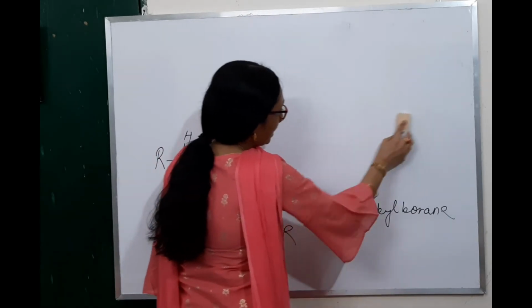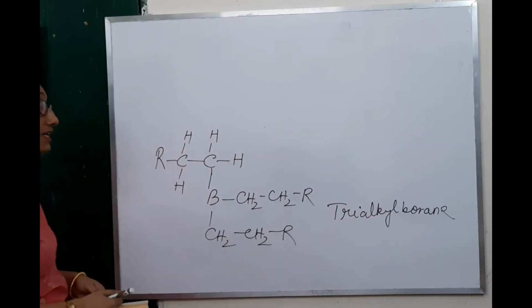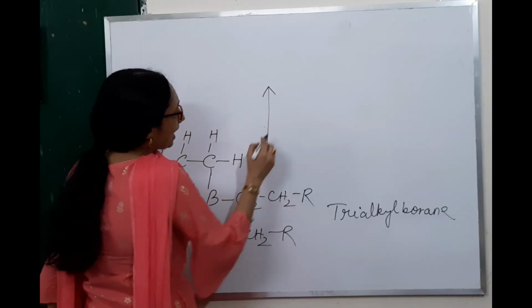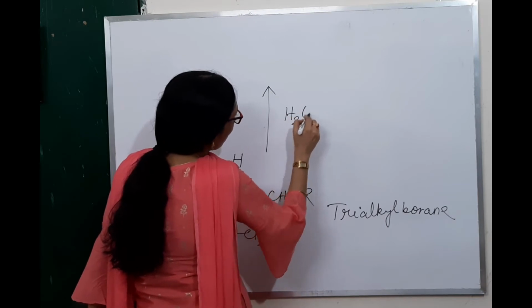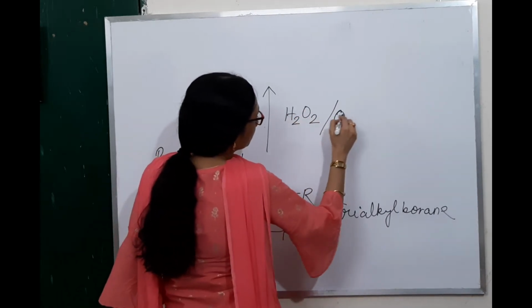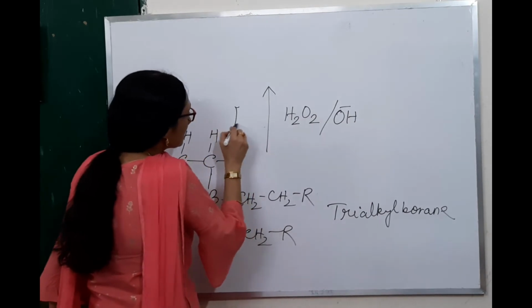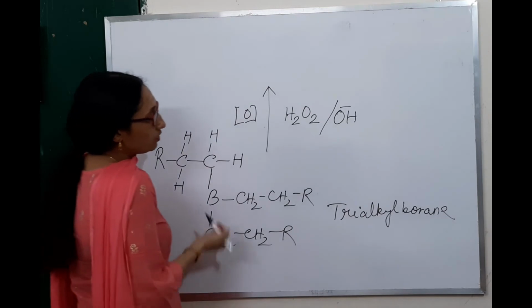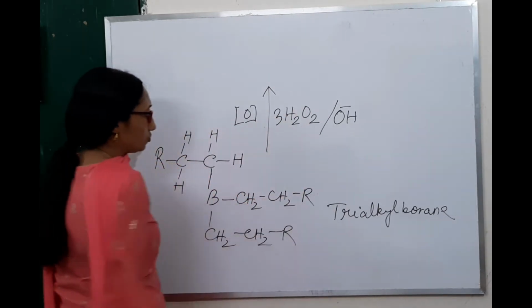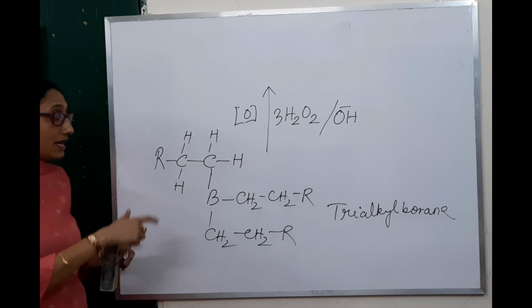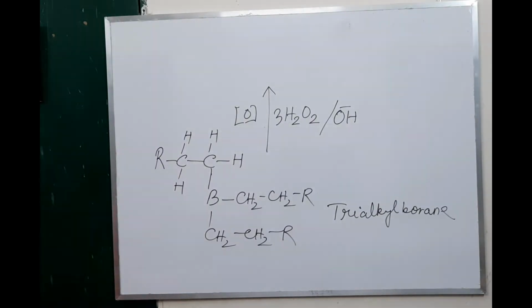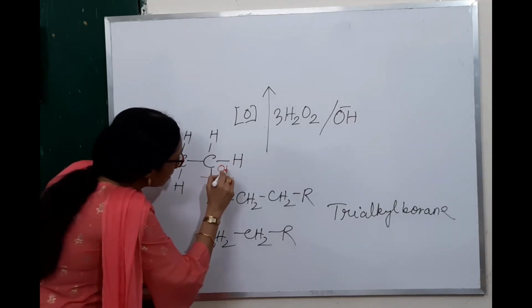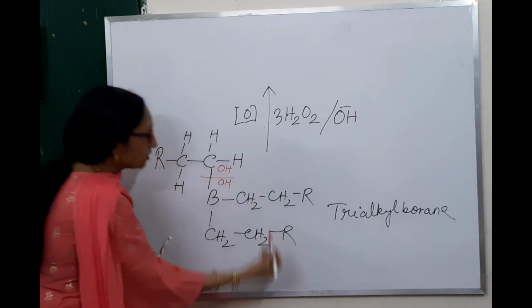So now let us see what will happen. This trialkyl boron that is formed in the last step is now treated with an alkaline solution of H2O2. And this is oxidation. Now, in this case, we will require 3 H2O2. Now, let us see how we will add this 3 H2O2.